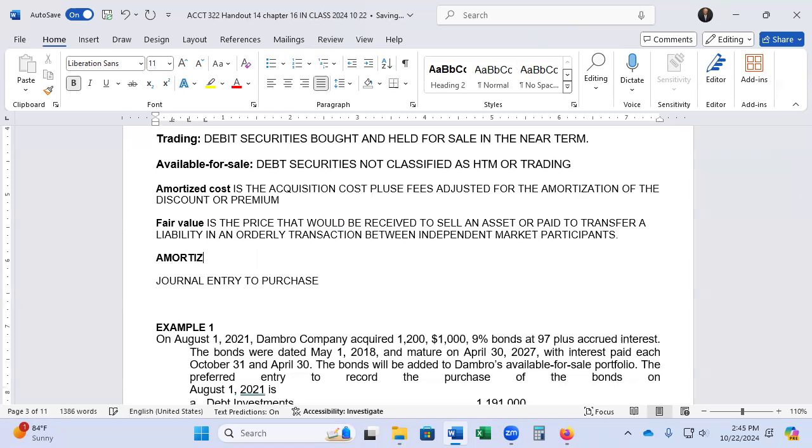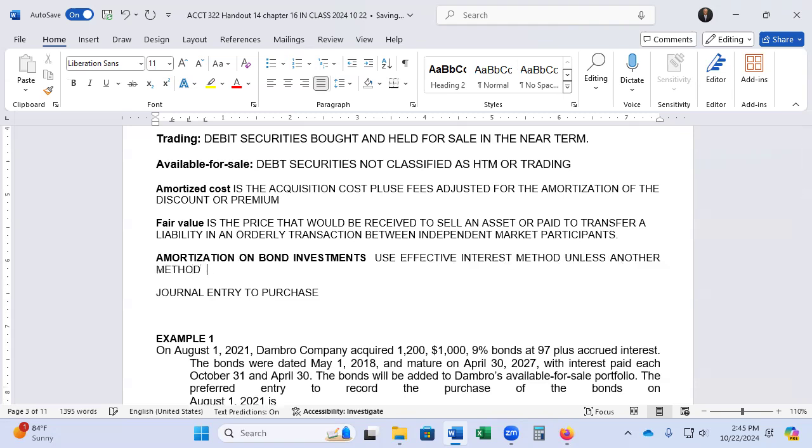Amortization on bond investments. And it's just that note: use effective interest method, unless another method provides similar results.